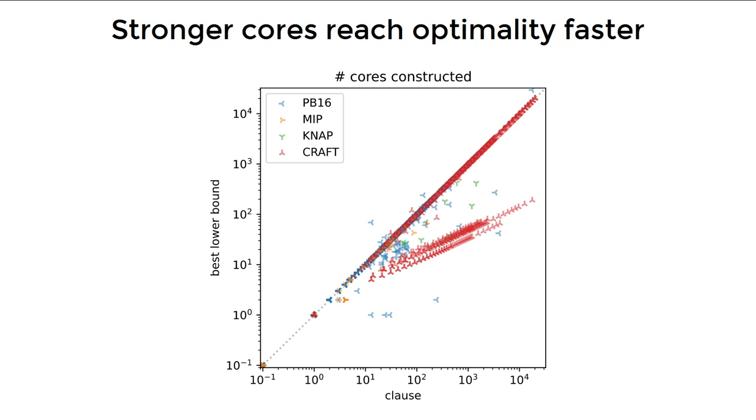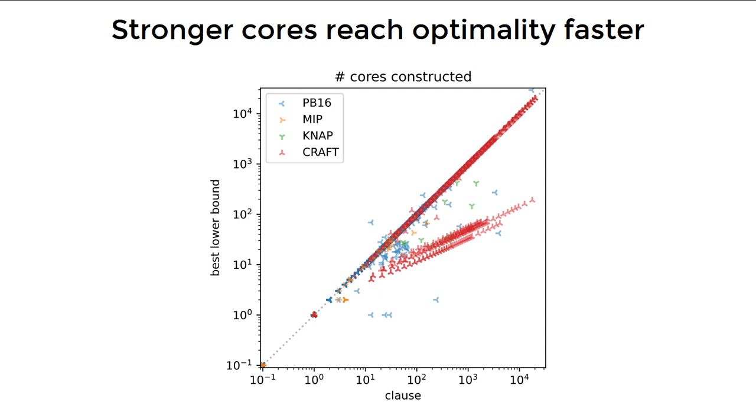The coordinates of the point represent how many cores were constructed to reach optimality. We take a lower number to be better, as it represents fewer solver calls. It is clear from the plot that for most instances, the cardinality core generated as many or fewer cores than the clausal core, supporting the claim that cardinality cores are stronger.